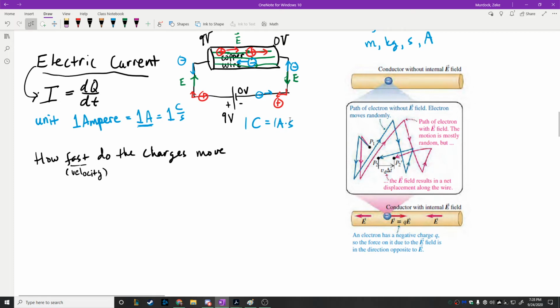Now, I've told you before that metals are kind of like a gas of electrons that are confined within the walls of the conductor. And the way that gases work, they're composed of molecules, like the air in the room that you're sitting in is composed of molecules of air, which include nitrogen and carbon dioxide and oxygen.